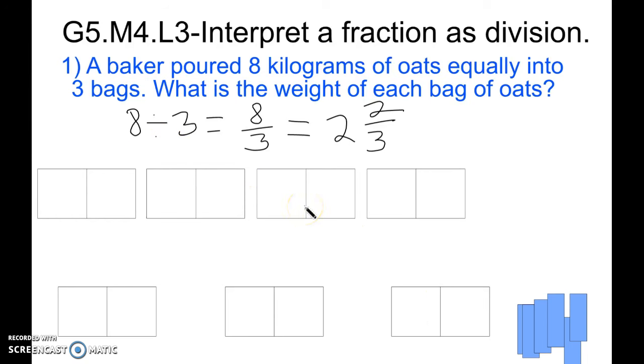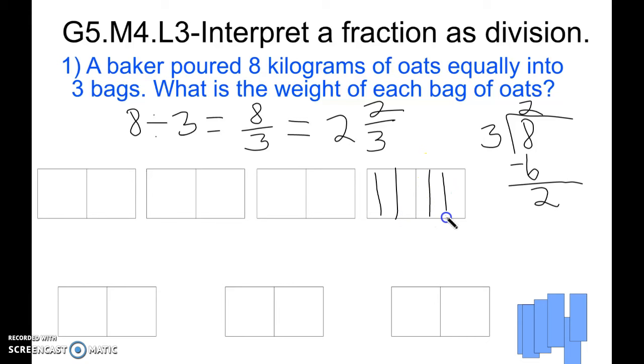In the same way, if we were to do 8 divided by 3, we know it would go 2 times, and 2 times 3 equals 6. So each of them get 2, but now I have 2 left. So I'm going to take those last 2 and put them into 3 equal shares. So 1, 2, 3, 4, 5, 6.